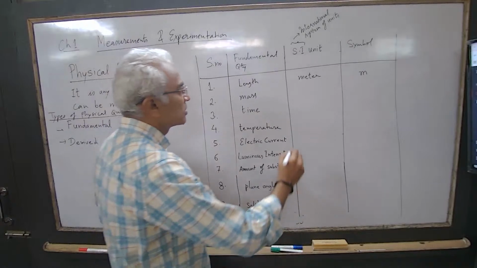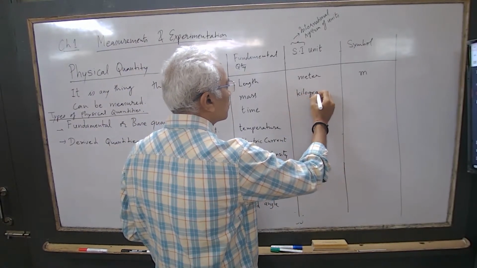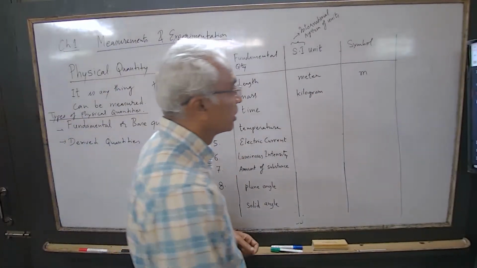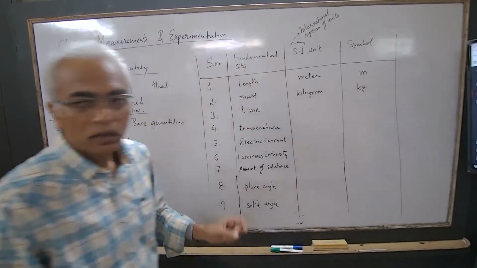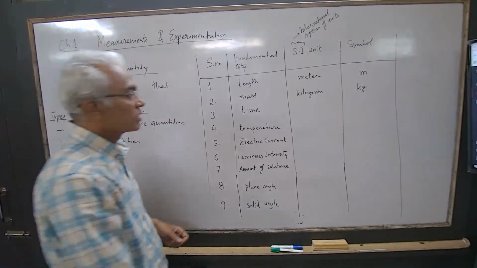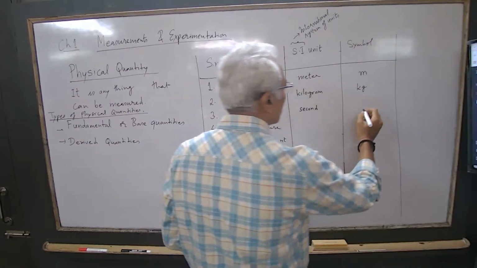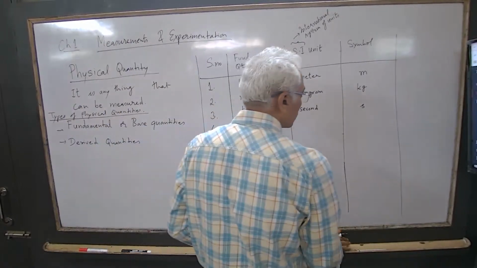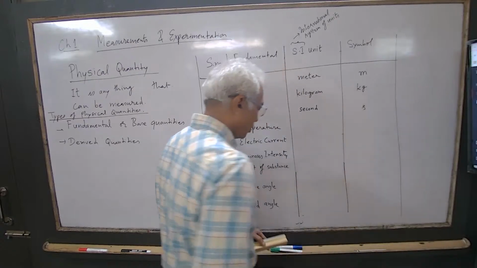The SI unit of mass is kilogram, all in lowercase, and its symbol is kg, small k, small g. The SI unit of time is second, and its symbol is small s.